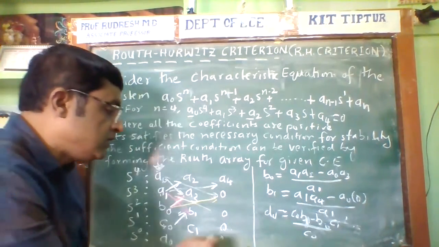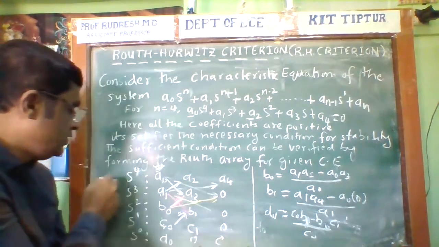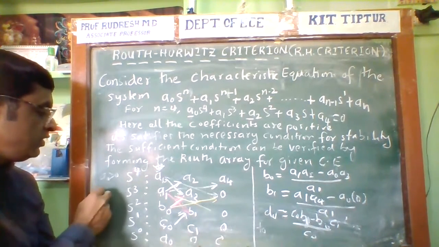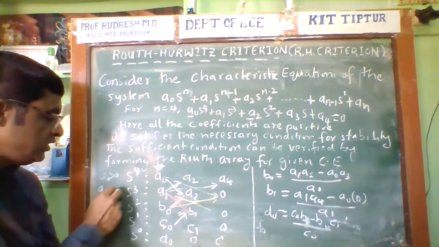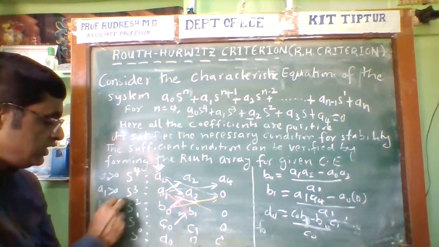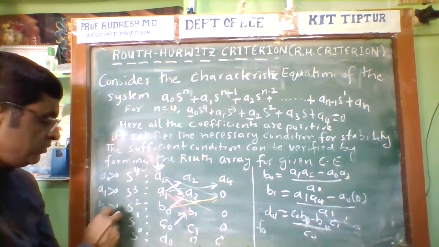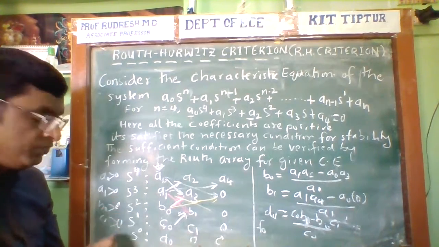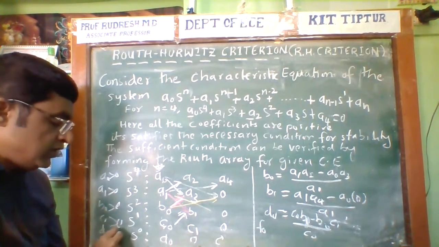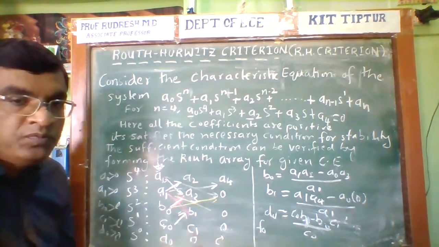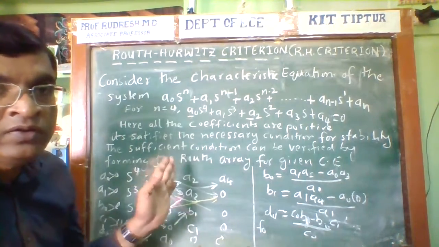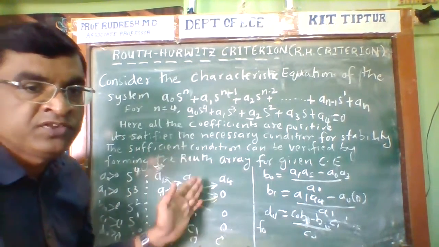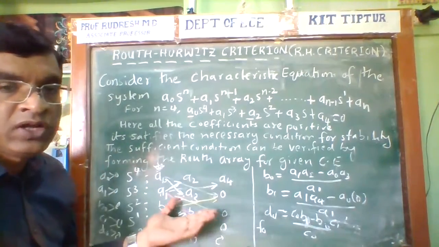In order to make this positive, a0 must be greater than 0, a1 must be greater than 0, b0 must be greater than 0, c0 must be greater than 0, and d0 must be greater than 0.